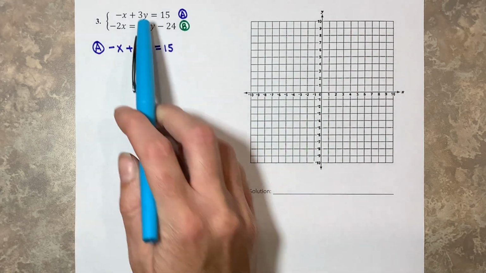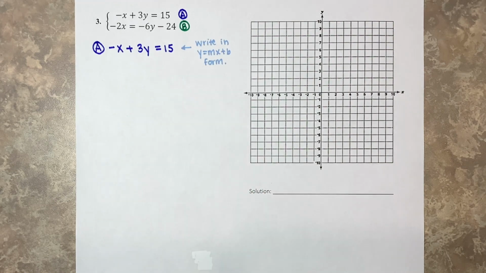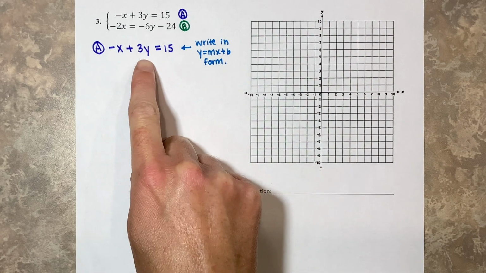To start, I've copied down equation A. And in order to graph this line, let's write the line in y equals mx plus b form. To do that, we want to isolate y on the left side of the equation.